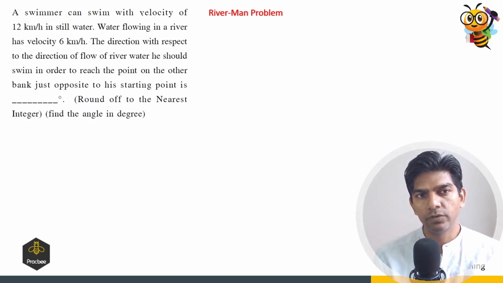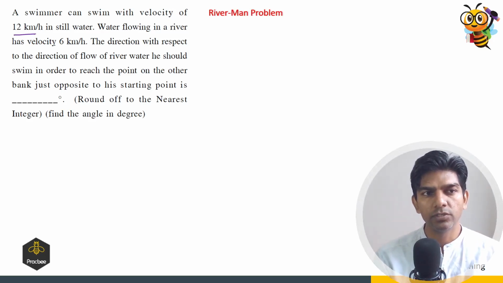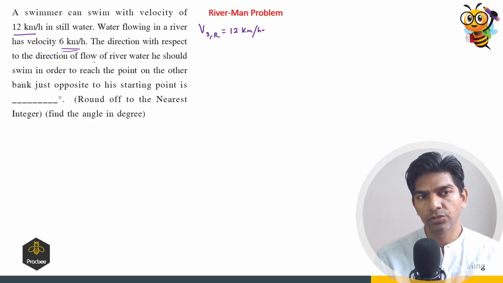A swimmer can swim with a velocity of 12 kilometers per hour in still water. So that is the velocity of the swimmer with respect to the river, 12 kilometers per hour. Water flowing in the river has a velocity of 6 kilometers per hour. In what direction with respect to the direction of the flow of the river water should he swim in order to reach the point on the other bank just opposite to its starting point?